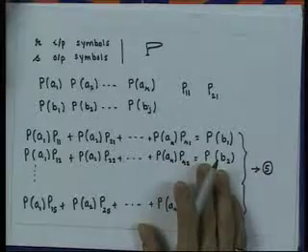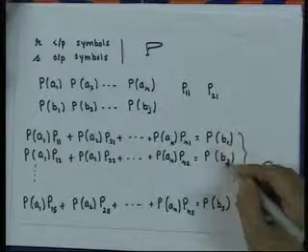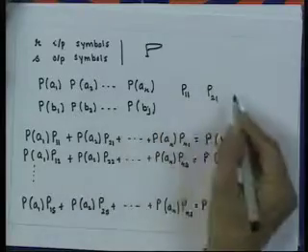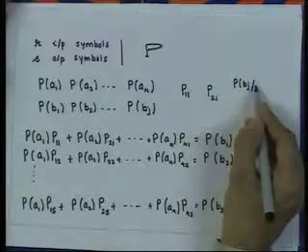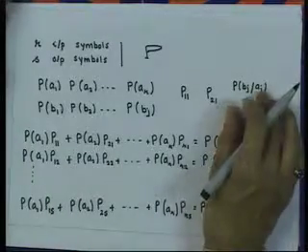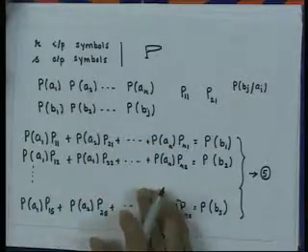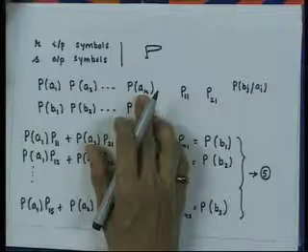Note however, that if we are given the output probabilities, that is probability B1 up to BS, and probabilities of Bj given Ai, it may not be possible to invert the system of linear equations in order to obtain the probabilities P(Ai).